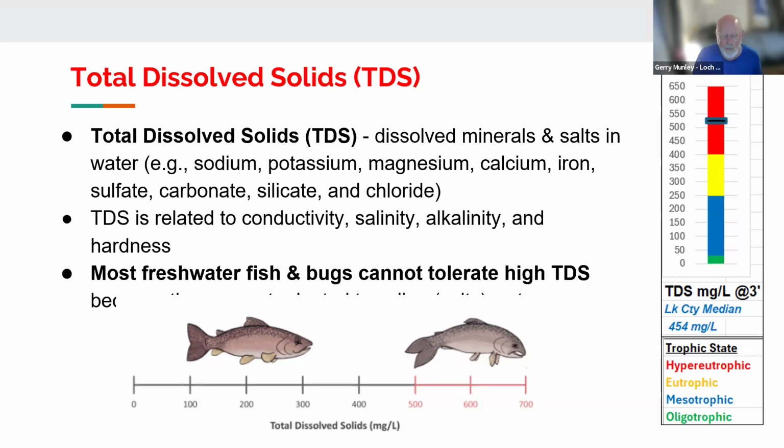So again, I tried to create a little histogram there of the amount of total dissolved solids, and for St. Mary's, it was already in the hypereutrophic state, which would not be very good for fish. And the Lake County median value is 454, which already puts it into the hypereutrophic state.